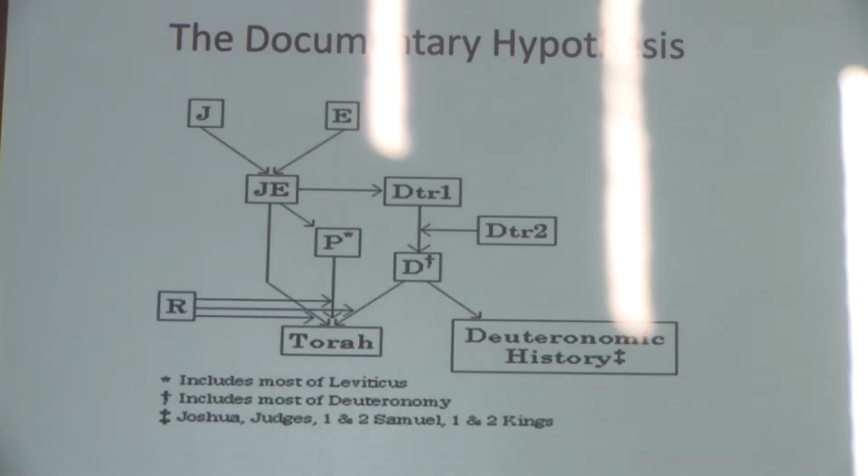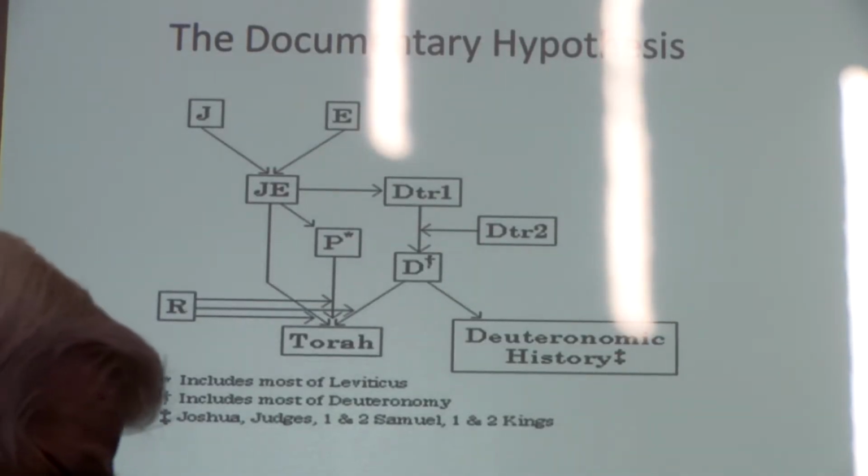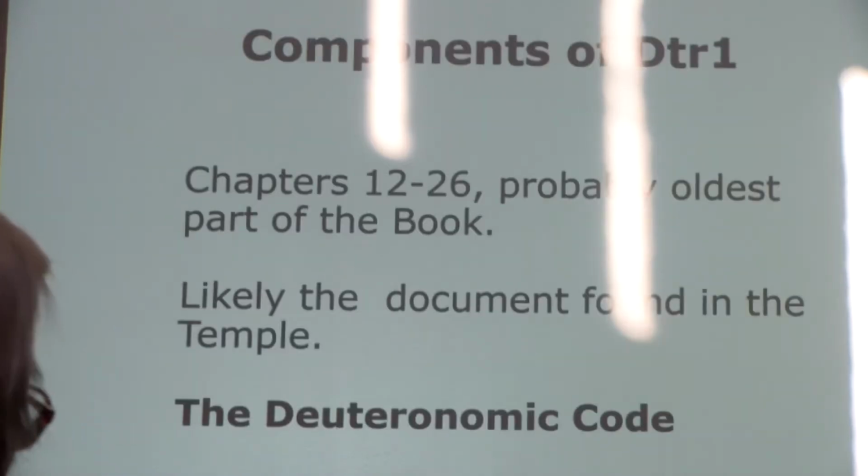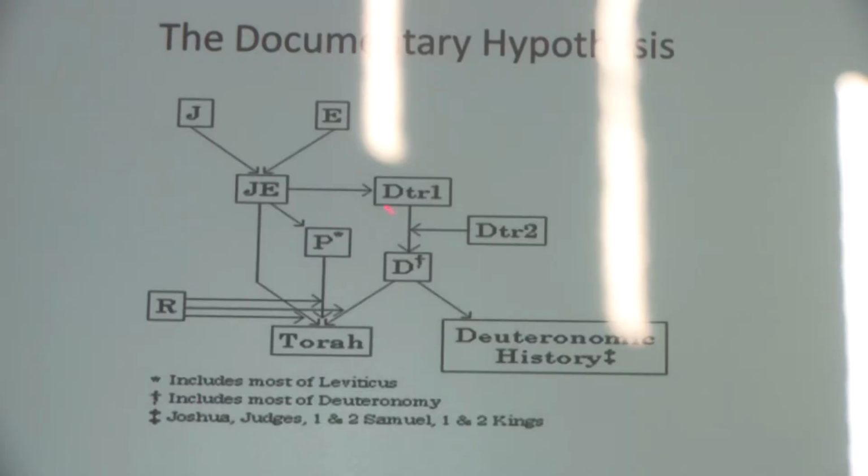And we'll go back to this documentary hypothesis, and we're going to say a little bit more about it. You notice in this section, now we can leave this part of this diagram alone and just concentrate on this small part. You notice that the Deuteronomy is indicated as DTR1, Deuteronomy 1 and Deuteronomy 2.